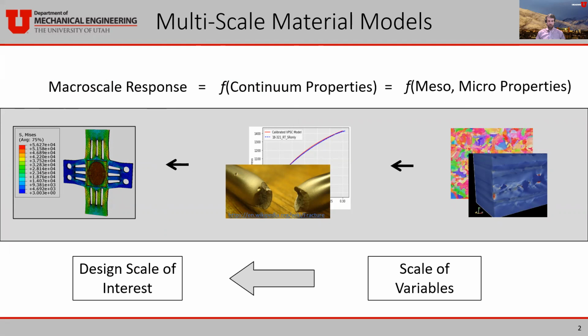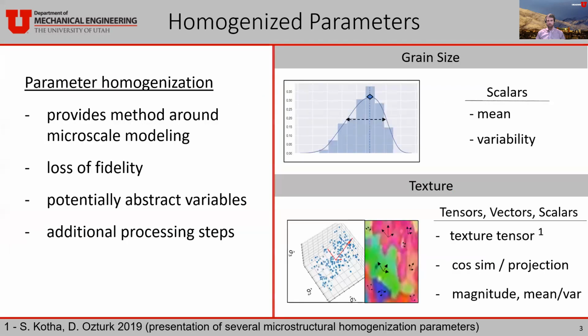So take grain size as a property. It is a distribution of values which can be effectively homogenized by calculating the mean. In a similar fashion, texture can also be homogenized, but recognizing that it's a more complex property with a 3D nature, it also requires a more complex homogenization method.